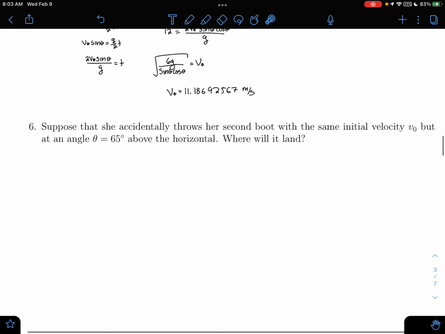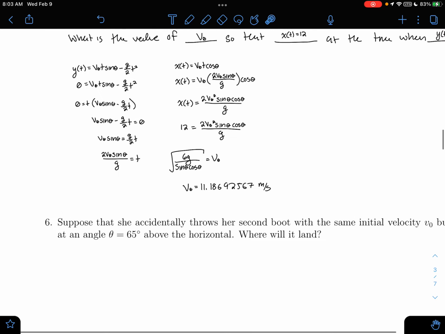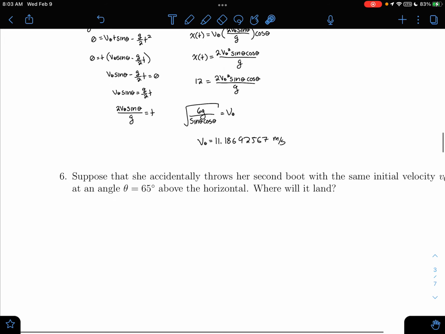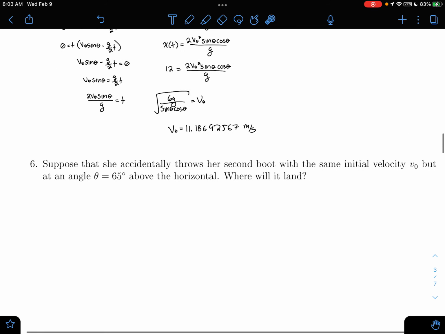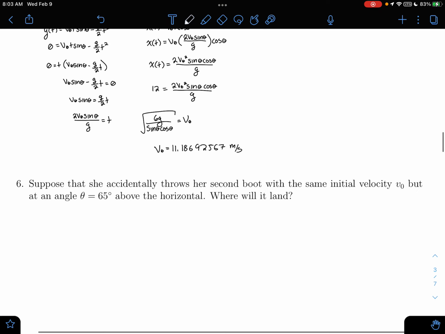Now, she accidentally throws the second boot with the same v naught that we just calculated, but at an angle of 65 now instead. So if we have this v naught and this angle, we're trying to find where it lands.